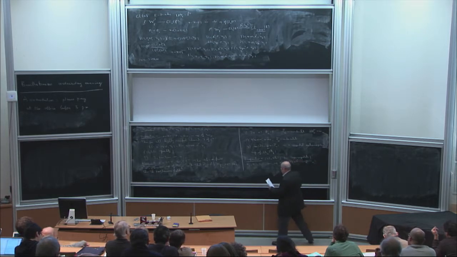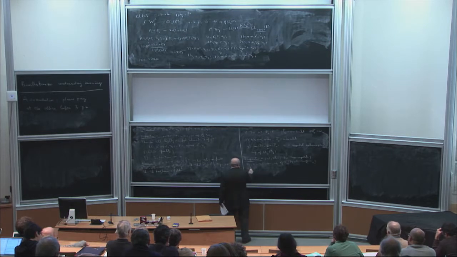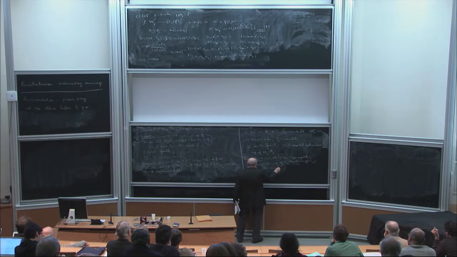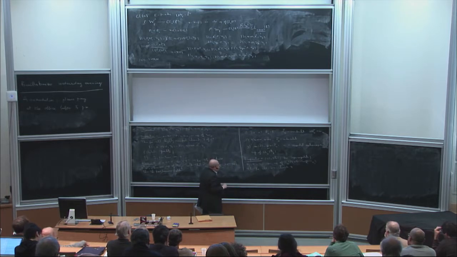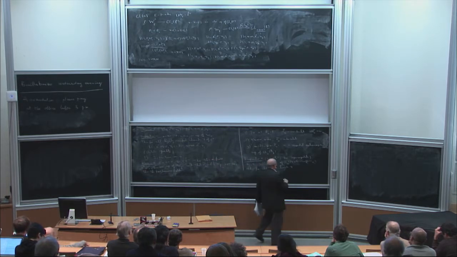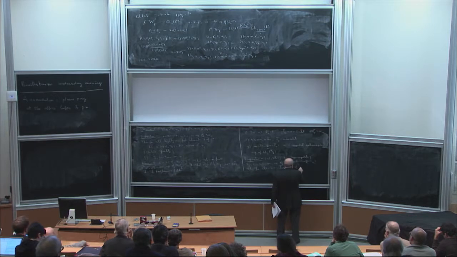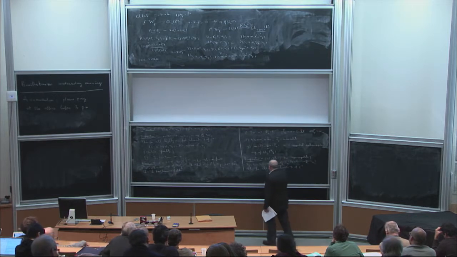Then for all highly ramified characters chi of F star, how highly ramified depends on pi 1 and pi 2, the gamma factors are equal.